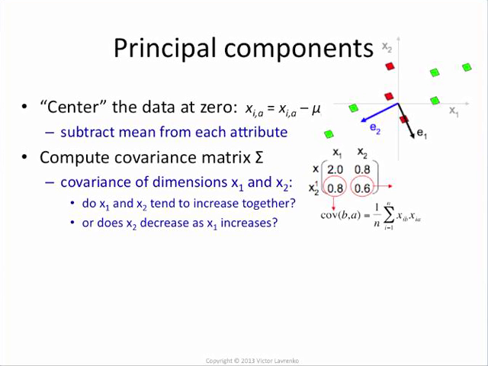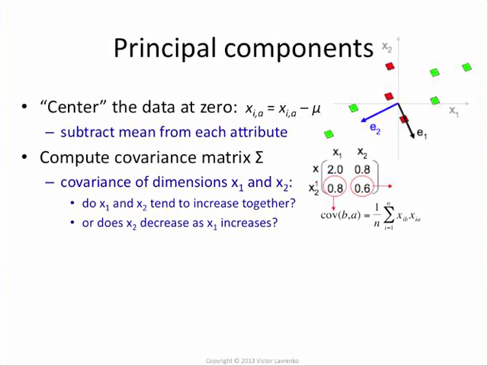So that's the covariance. If you look at each individual data point, that's where the colors come in. The points colored green contribute positively to the covariance, and the ones that are red contribute negatively. In this point, x1 is smaller than the mean, 0, and x2 is smaller than the mean, so they go in the same direction. Here, they're both positive: x1 is higher than the mean, x2 is higher than the mean.